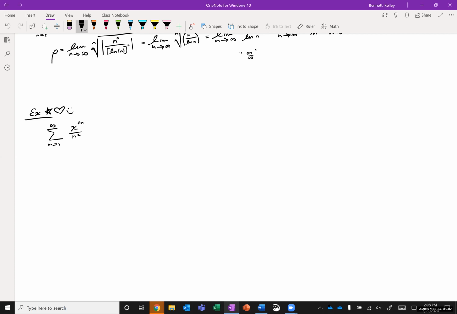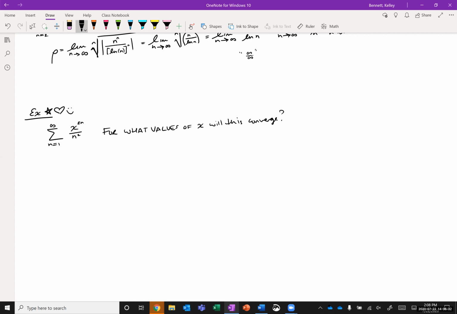Right, so let's say we construct a Taylor polynomial and it looks like this. So now I want to know what values of x will this converge?